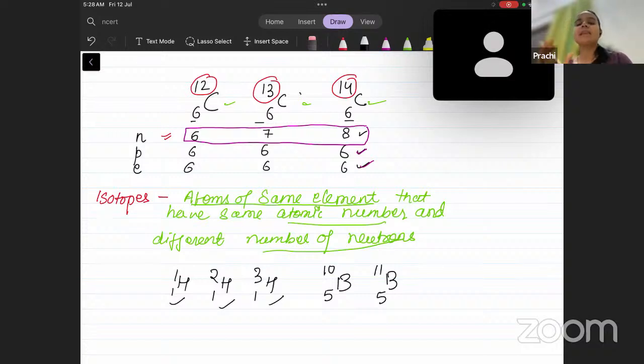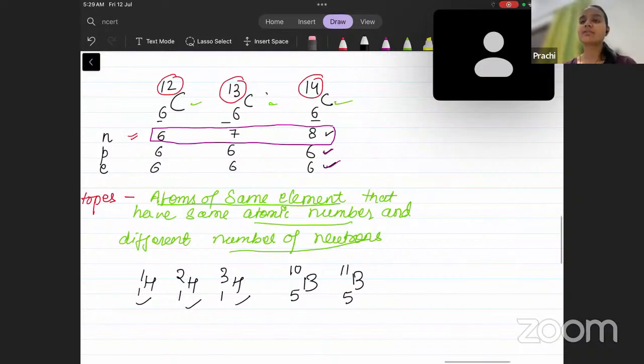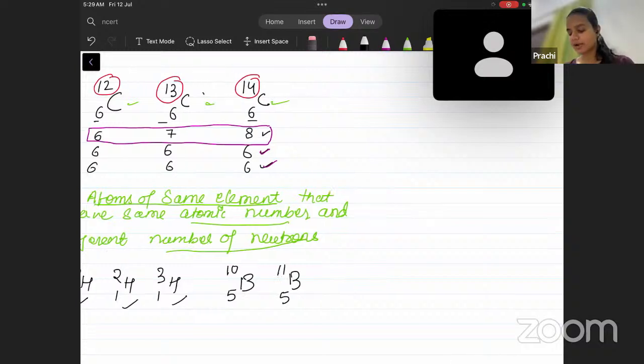Now, based on this, you can have other questions where they'll ask you to calculate the average atomic mass. What they'll give you is the abundance of the particular isotope. So what kind of question can you get?